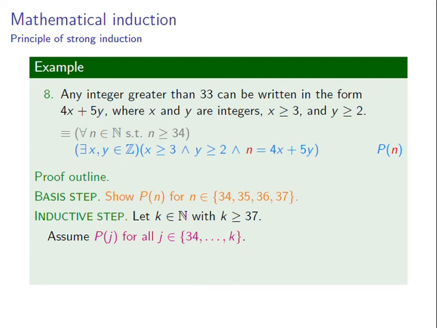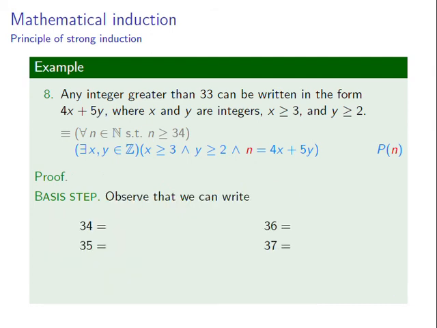We assume that P of j is true for all j from 34 to k. We need to show that P of k plus 1 is true. That is, that there exist integers r and s such that r is greater than or equal to 3, s is greater than or equal to 2, and k plus 1 is equal to 4r plus 5s. We now show the proof.